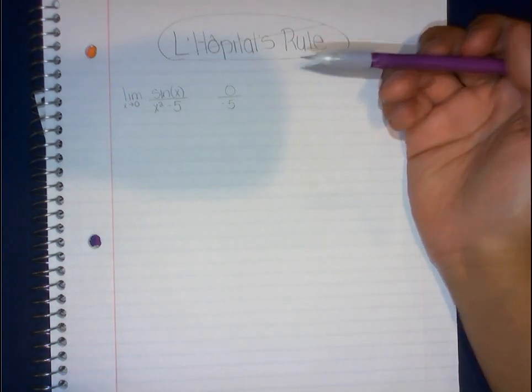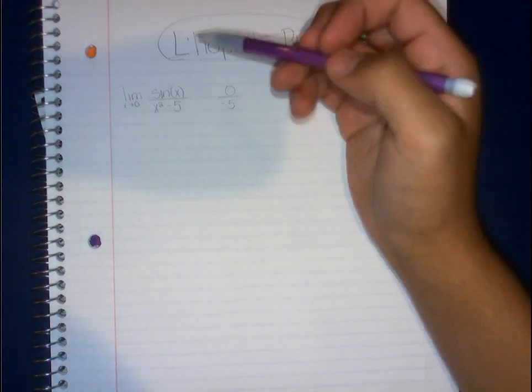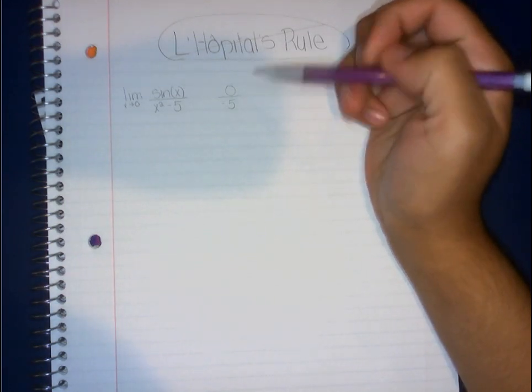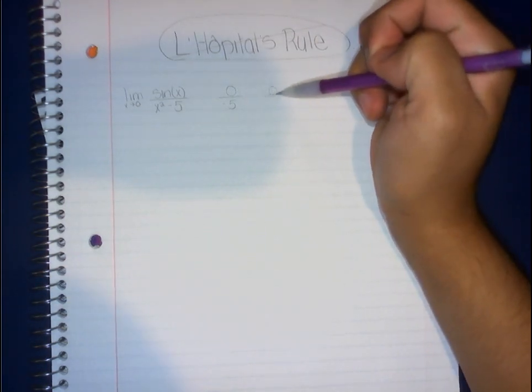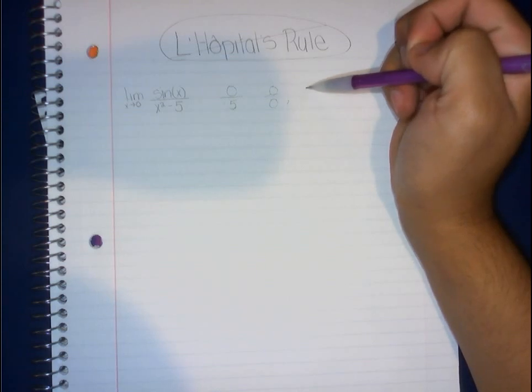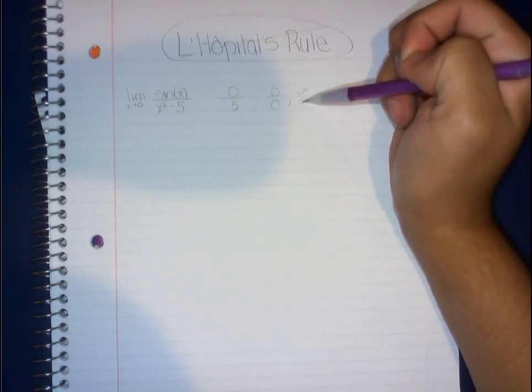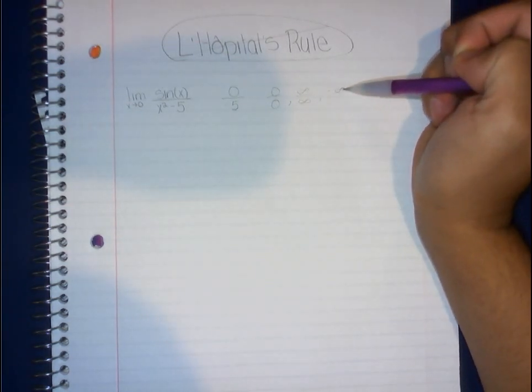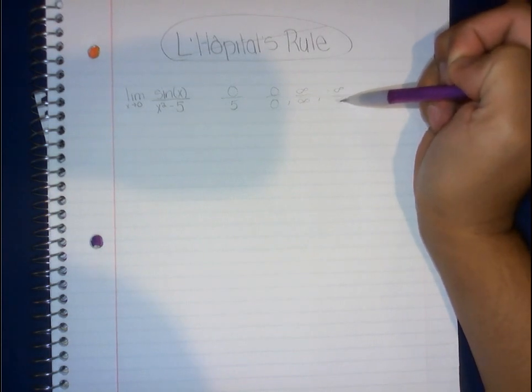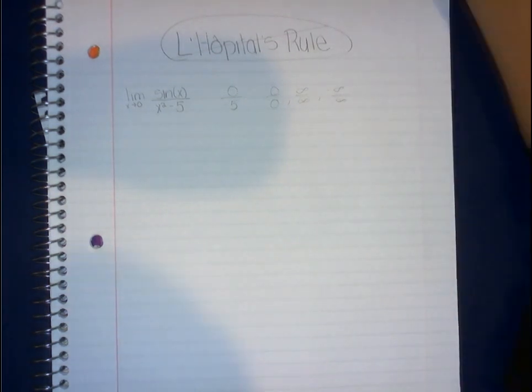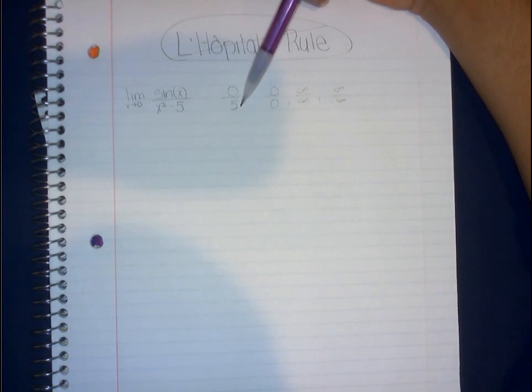But this is actually false because there's no indeterminate form. The indeterminate form has to be 0 over 0, infinity over infinity, or negative infinity over negative infinity. And that's not the case here because we have a number other than 0 in the denominator.